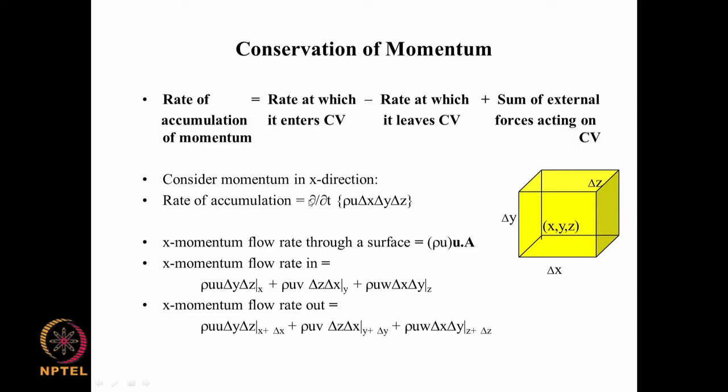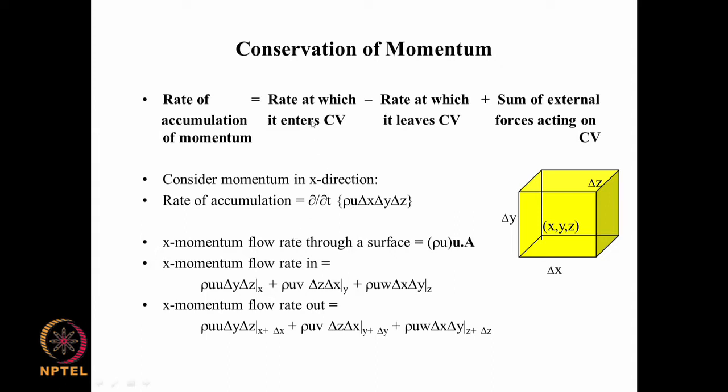So we can say that for this particular fluid in this control volume, the rate of accumulation is given by dou by dou t of rho, density, times the x velocity component u.